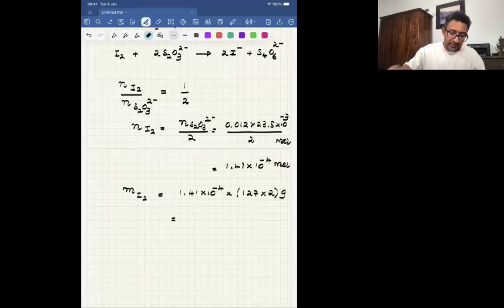So multiplied by 127 times 2, what is the answer? Give me an answer very quickly. What did you get? 0.0358.